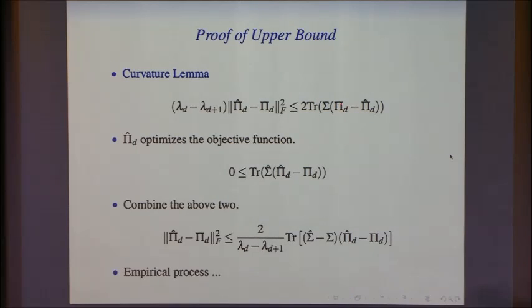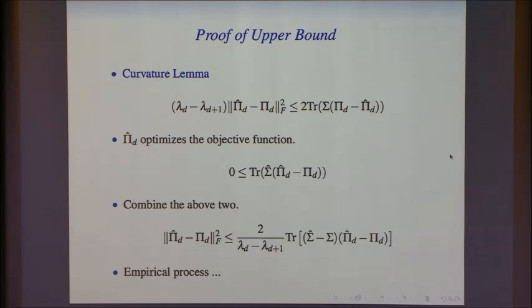It says in the PCA problem, this guy pi sub d is optimal, and this guy, our estimator, is suboptimal, and it bounds the gap in the objective function in terms of the difference. So this is the curvature of the PCA problem, and the coefficient, the factor, is determined by the eigengap.